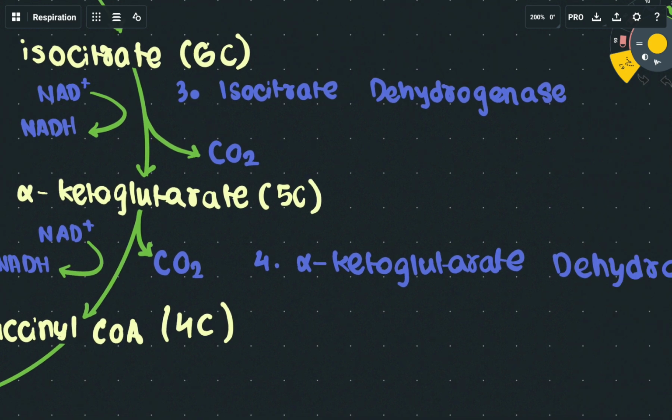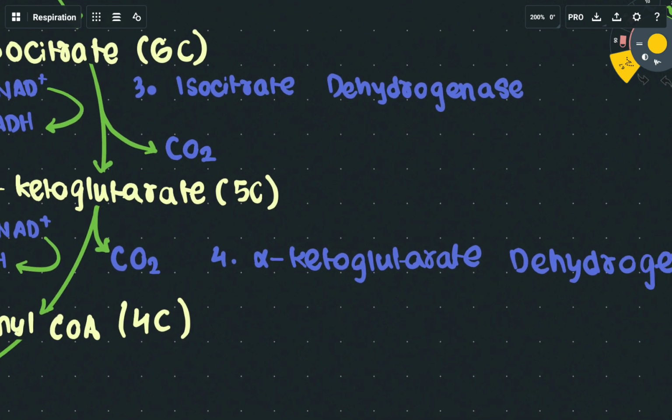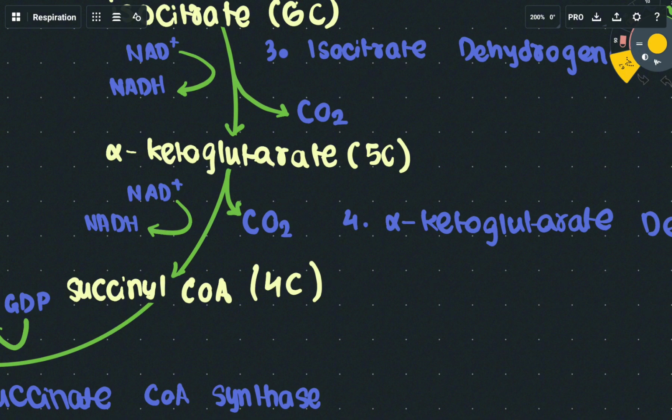So we go through alpha ketoglutarate dehydrogenase. Again, we are removing a hydrogen, we are oxidizing alpha ketoglutarate through NAD plus into NADH. So that is our second NADH molecule that we've made.